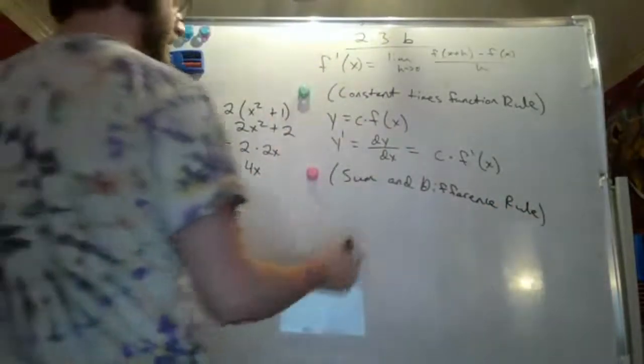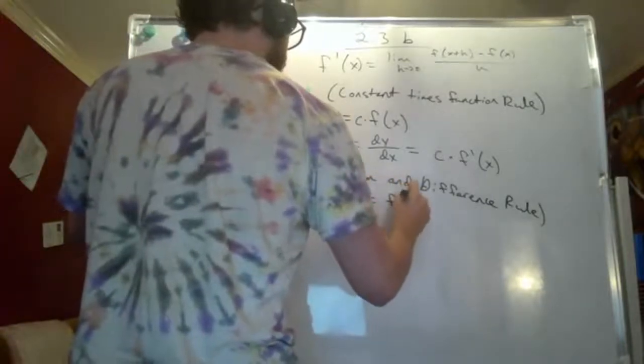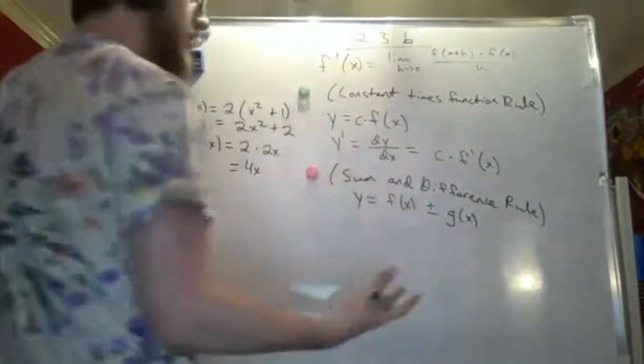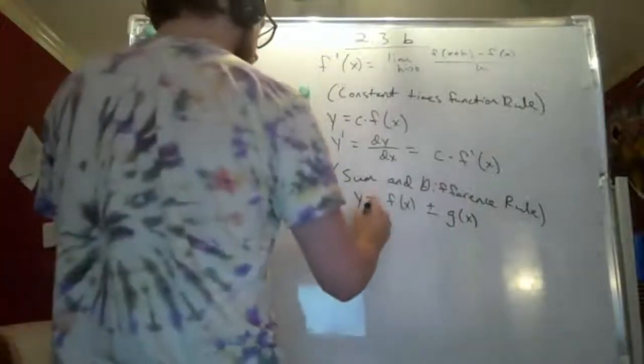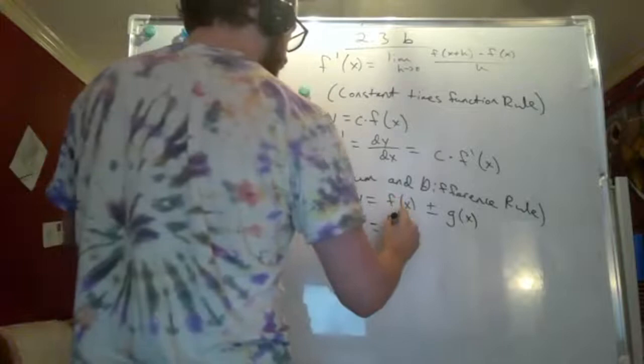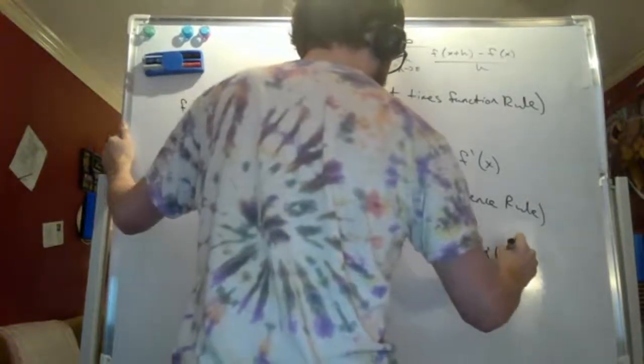And now all this says is if y is equal to some function plus or minus, it doesn't matter, some other differentiable function, then y prime, which is equal to dy dx, is equal to f prime plus or minus g prime.